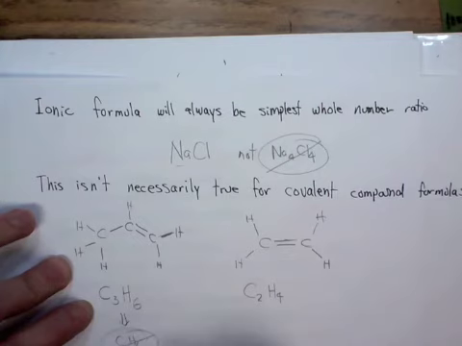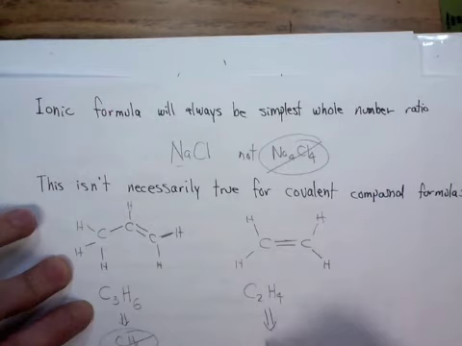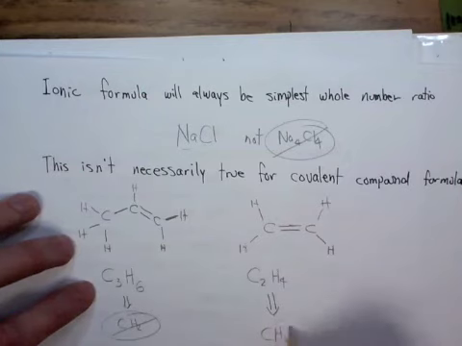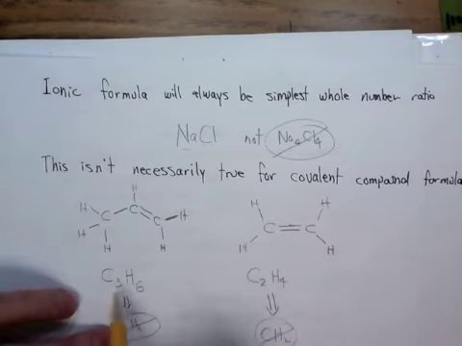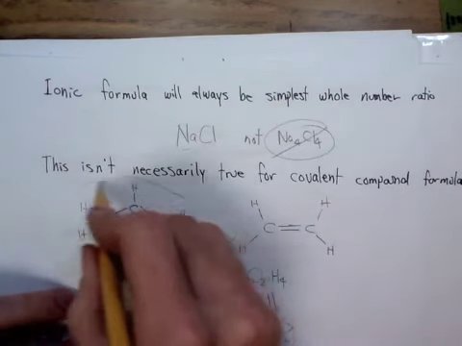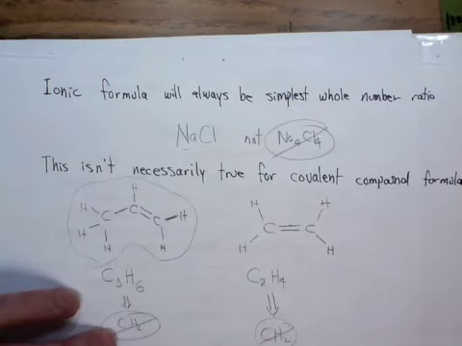But we don't do that for covalent compounds. Same thing here. Both of these, if you simplified them to their simplest ratios, would be CH2. But ask yourself, would CH2 give information about the atoms that were in this molecule?